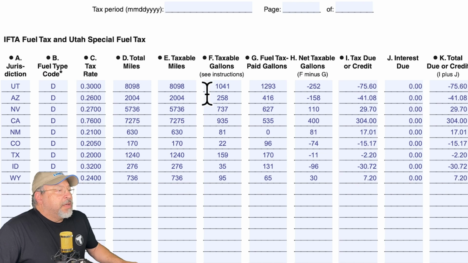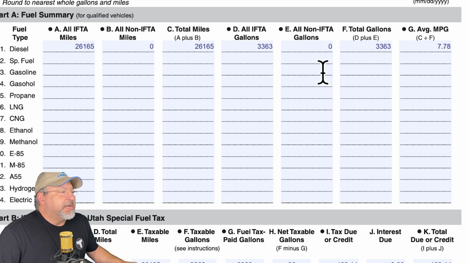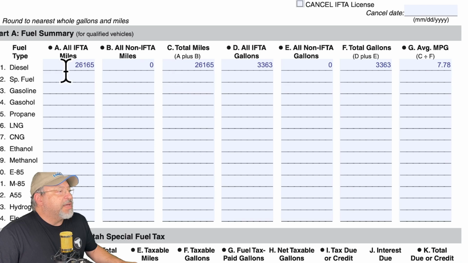Now, the taxable gallons in Utah for me for this quarter was 1,041. And you might ask, well, how did you get to that number? Well, let's go back to page 1, where I have already filled in this information up here, okay?